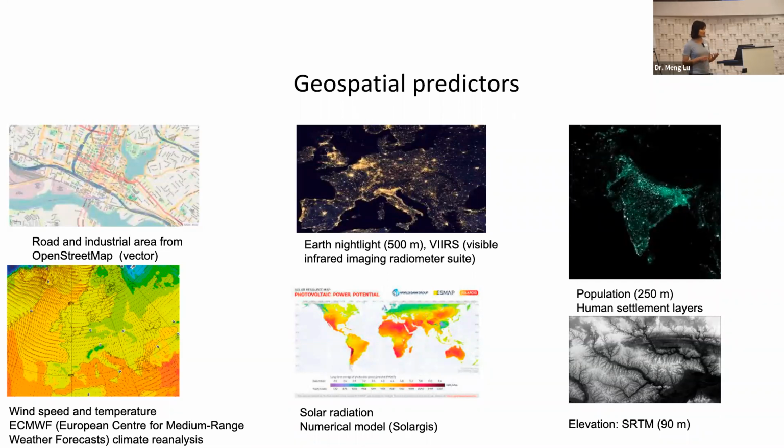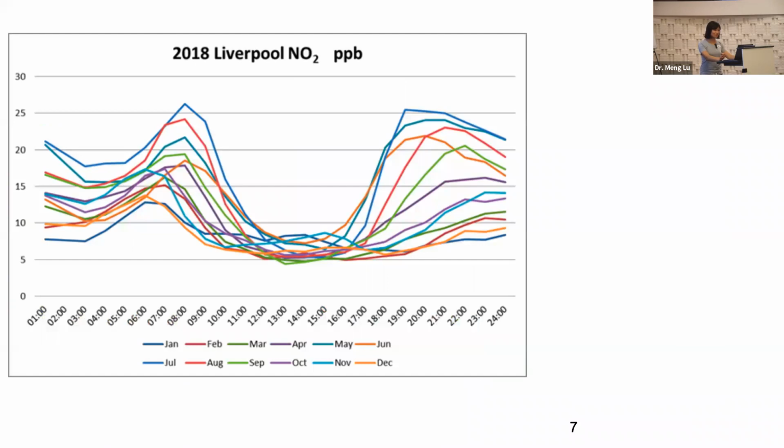So wind speed, it's quite easy to understand that it contributes to the dissipating of the air pollutant, and temperature and solar radiation mainly contribute to the chemical reaction process of the chemical species. So here we found it quite interesting.